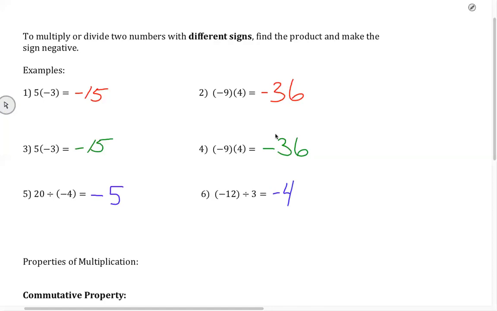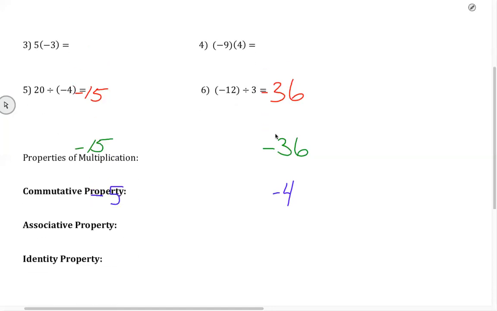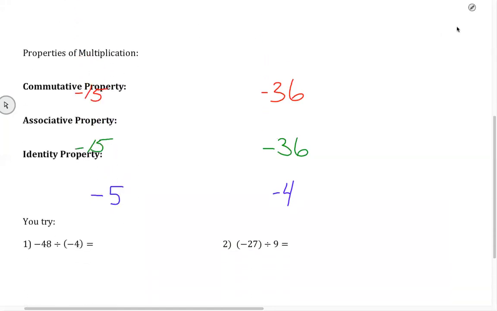Now, let's talk about these properties again. Who remembers what it means to commute? When I say you commute to college, what does that mean? You guys don't remember what it means to commute?